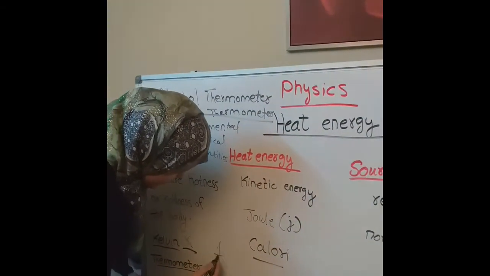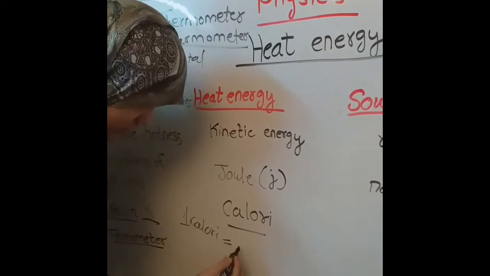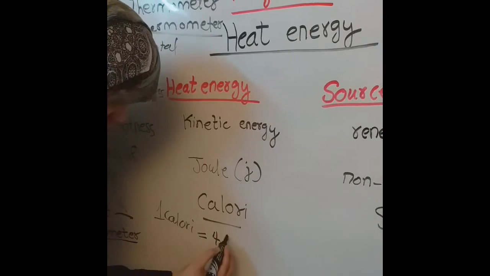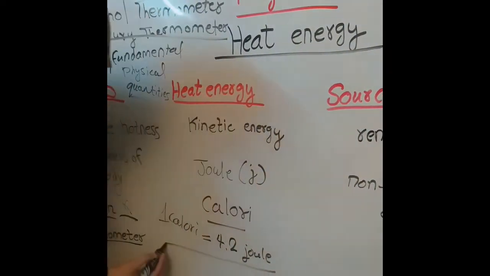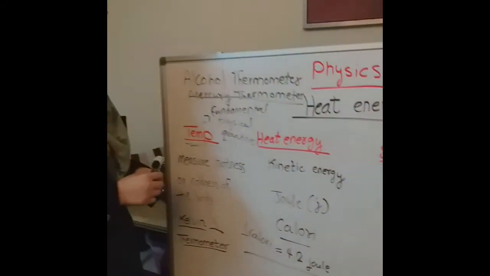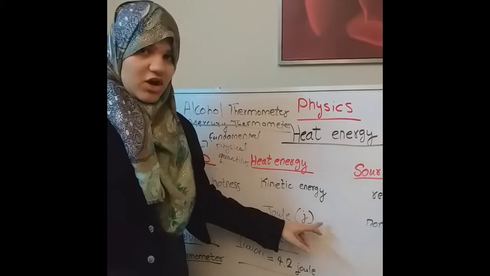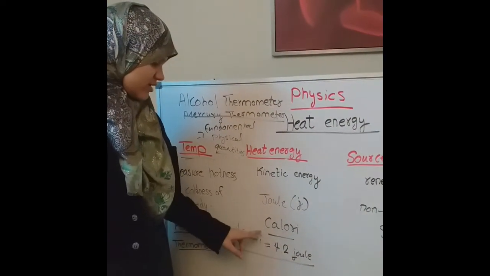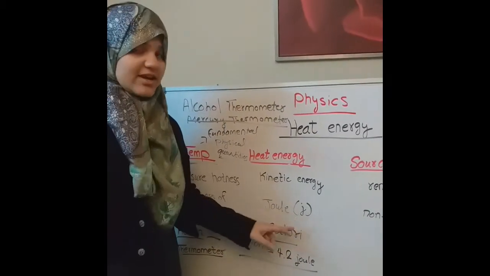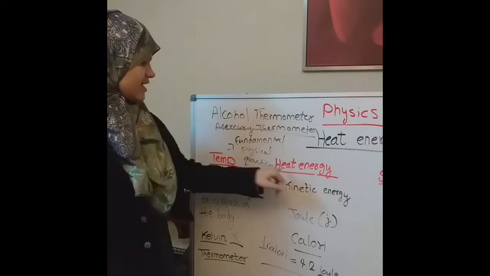One calorie is equal to 4.2 joule. Joule is the SI unit of heat energy, and calorie is another unit for heat. We talked about temperature and heat energy.